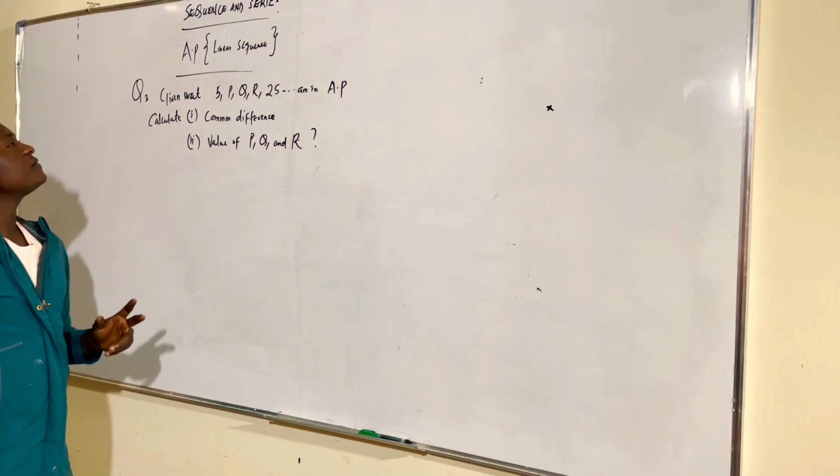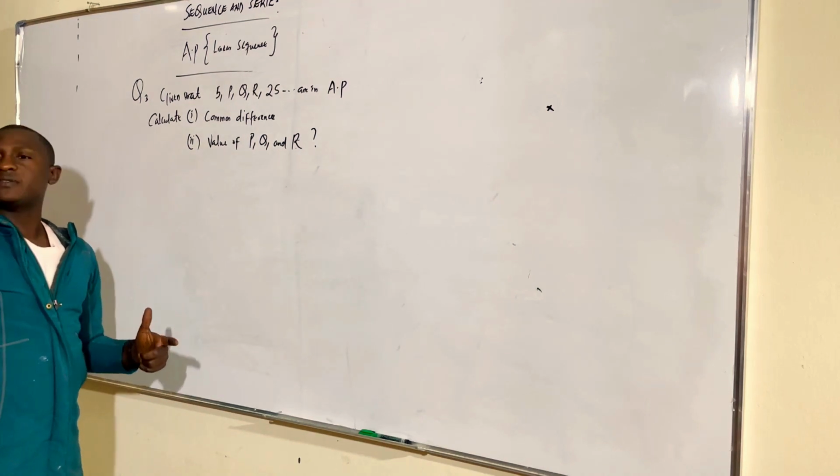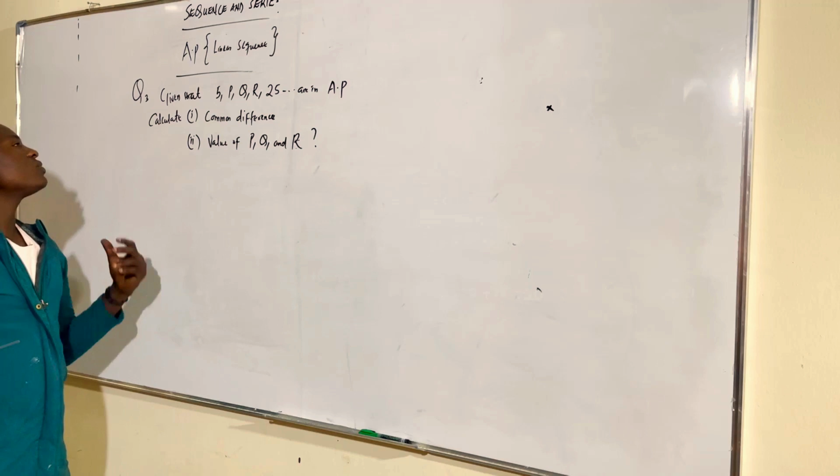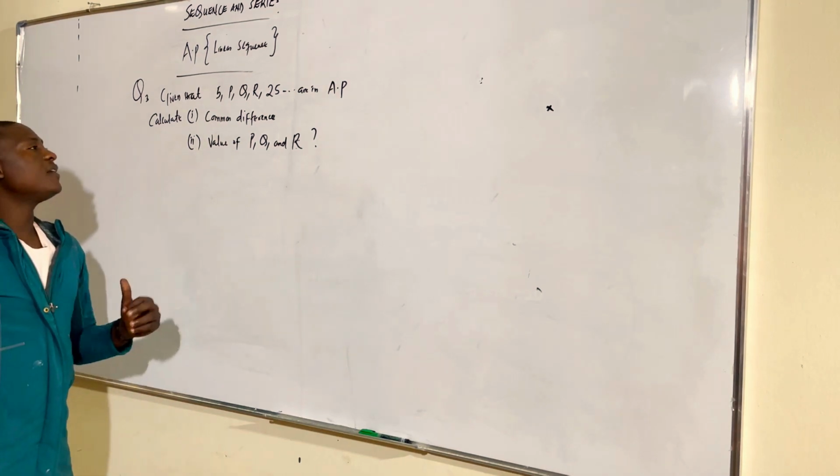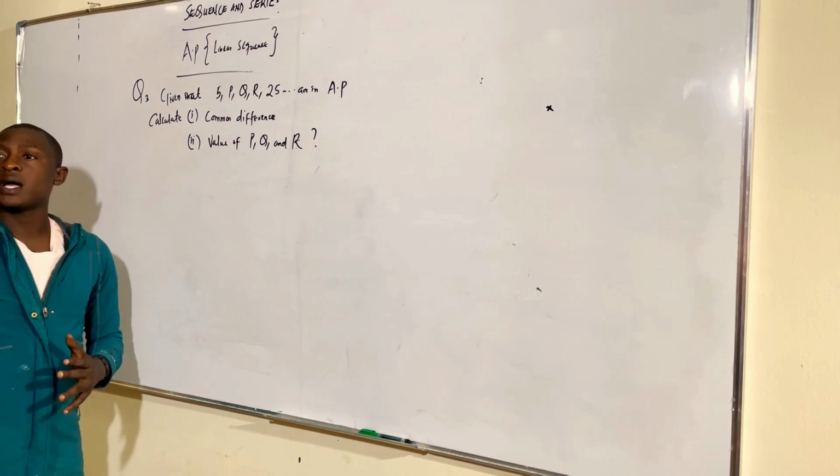Given that 5, P, Q, R, 25 are in AP, calculate the common difference and the values of P, Q, and R.